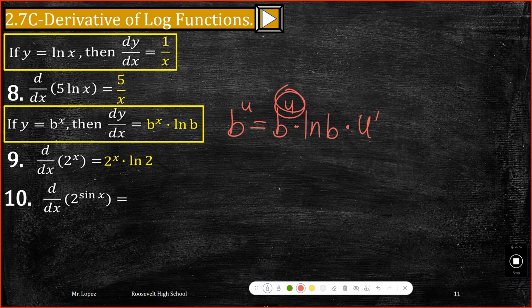This is a lot going on here. So it would be 2 to the power of sine x times the natural log of the base, which is 2, times the derivative of u. The derivative of sine x is cosine x. A lot going on here. It's called the chain rule. We'll do more of this in chapter 3.